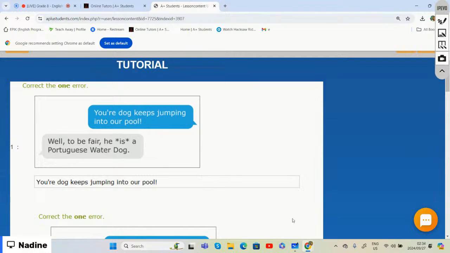If we look at that conversation, what is the one error within that chat? What do you think is the one error over there?